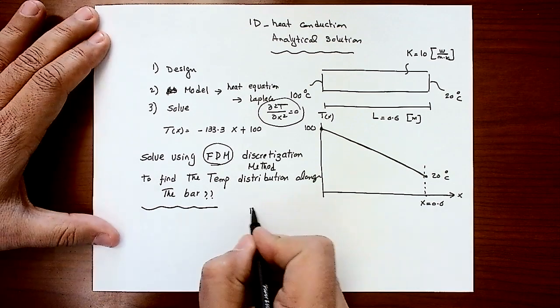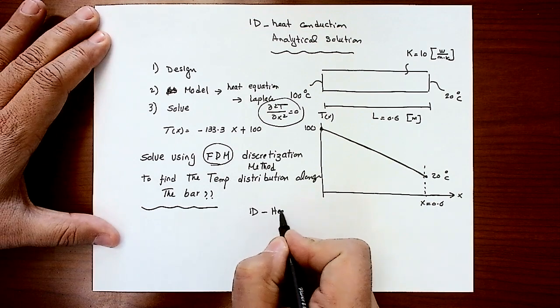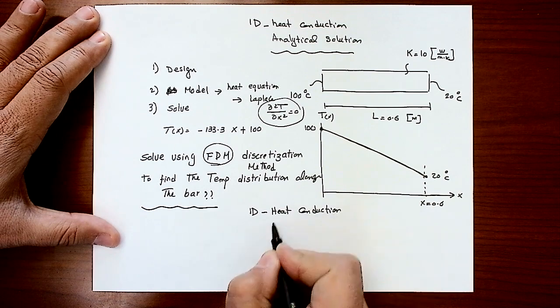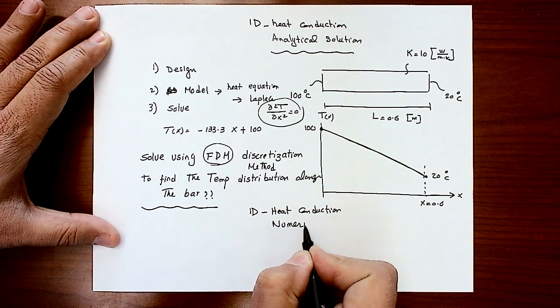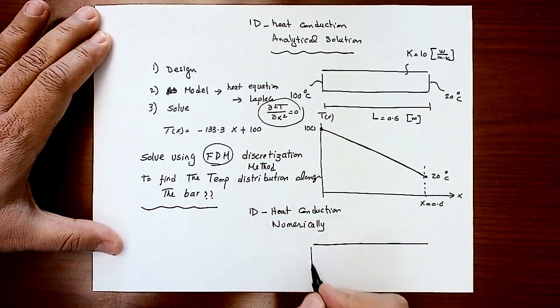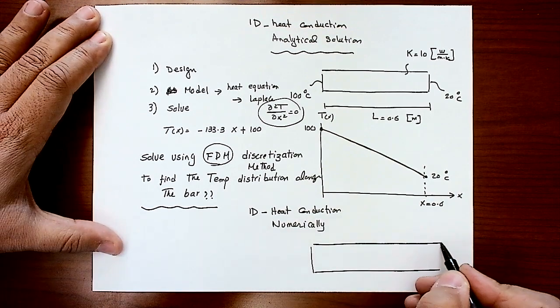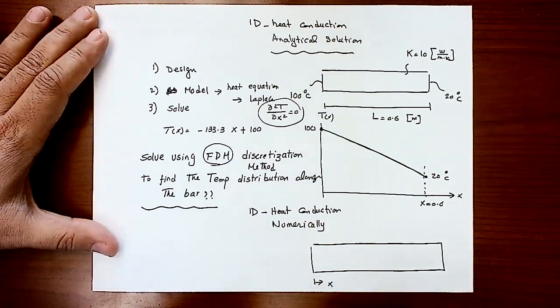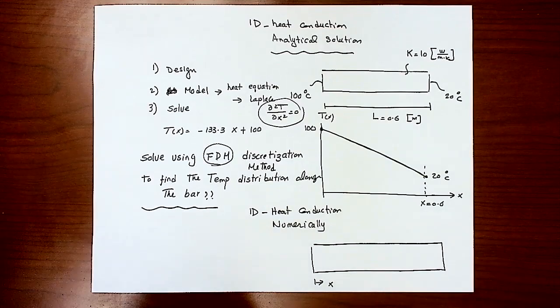So we are solving one-dimension heat conduction numerically. My first step, I'm going to pick up my domain. This is my x. Then I will break down my domain into subdomains.